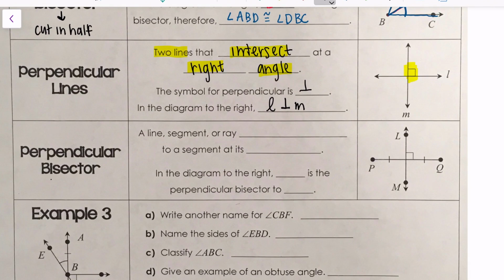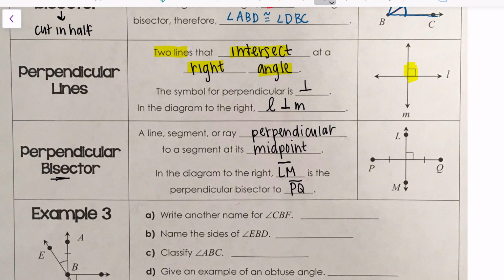So what does that mean for perpendicular bisectors? We see that word again. A line, a segment, or ray that is perpendicular to a segment at its midpoint. Okay, so in the diagram to the right, we see that LM is the perpendicular bisector of PQ.